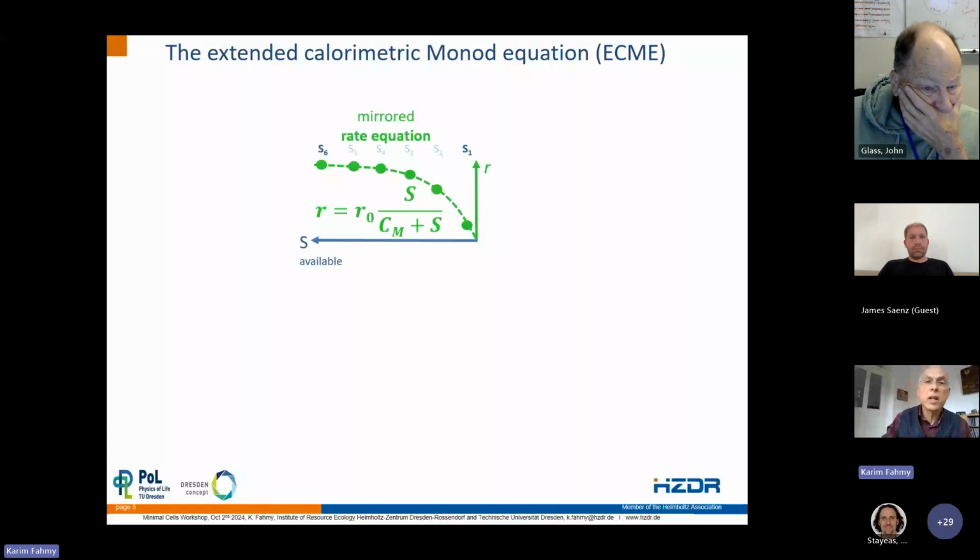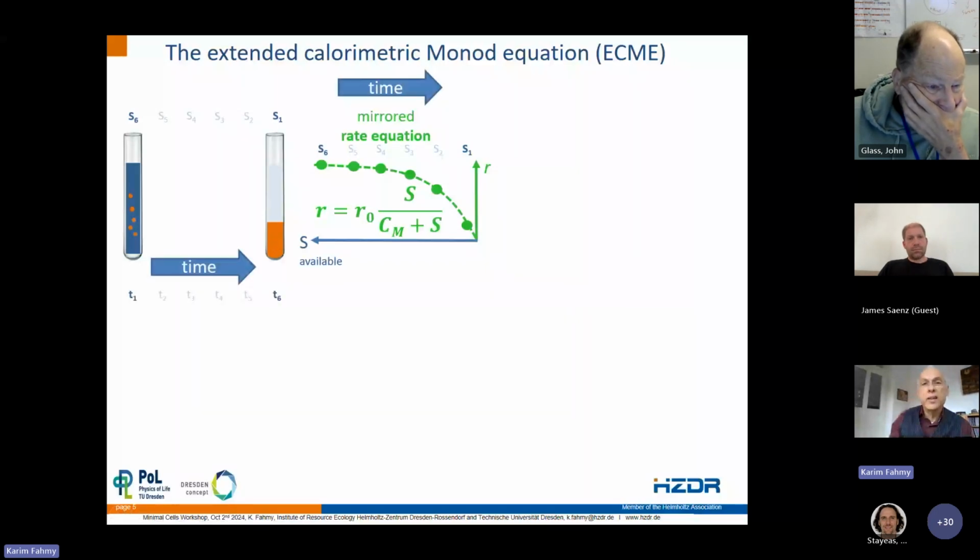And these cells, of course, start with a high substrate content, a few cells, and they end up with a low substrate and many cells. That's why I would say, looking at the Monod equation, that mirror imaged way aligns the data, so to say, with respect to an implicit time constant.